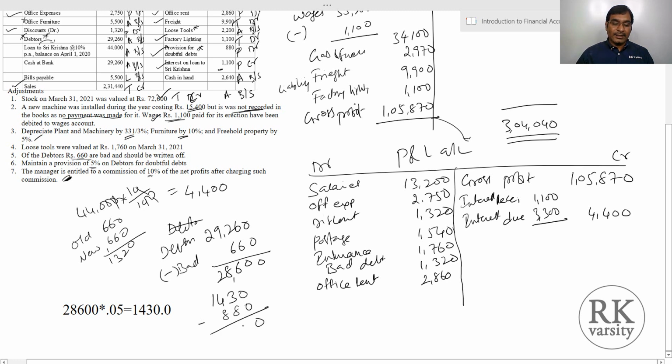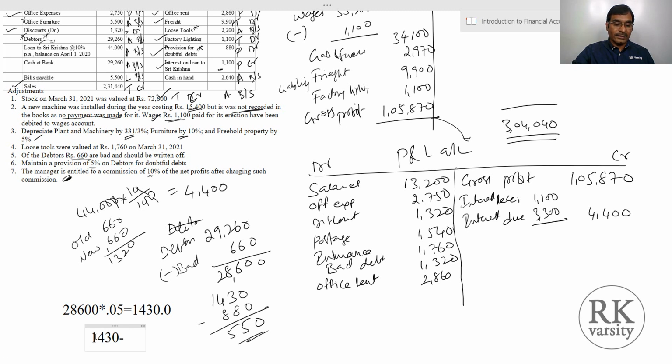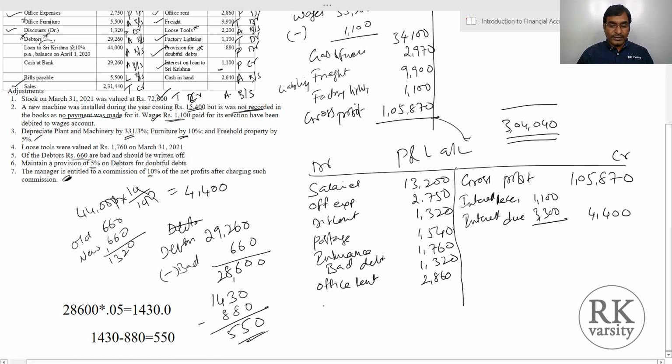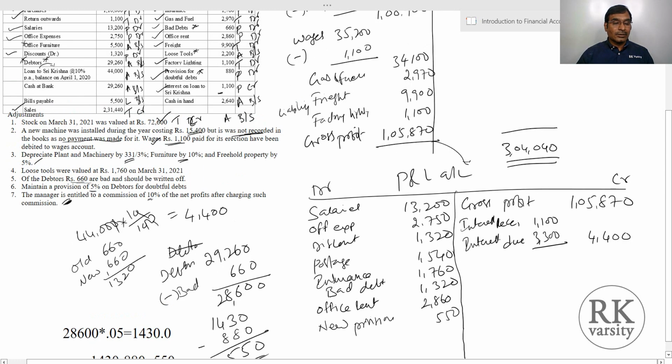So we'll make an adjustment for this. 1,430 minus the old provision of 880 is 550. So you have to create a new provision of 550. Then your stock we have entered, and machine costing we have to show in the balance sheet.